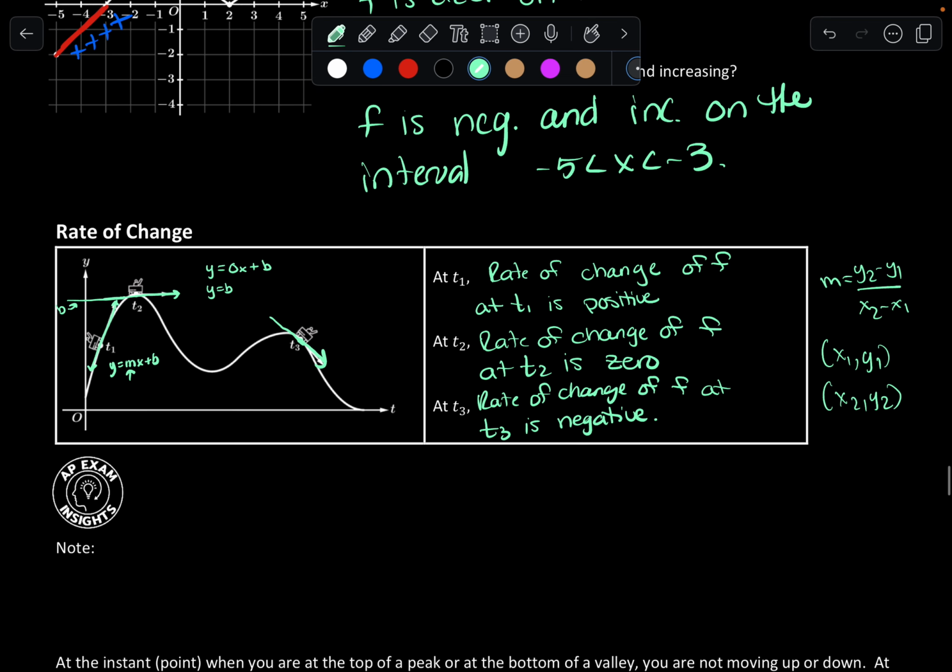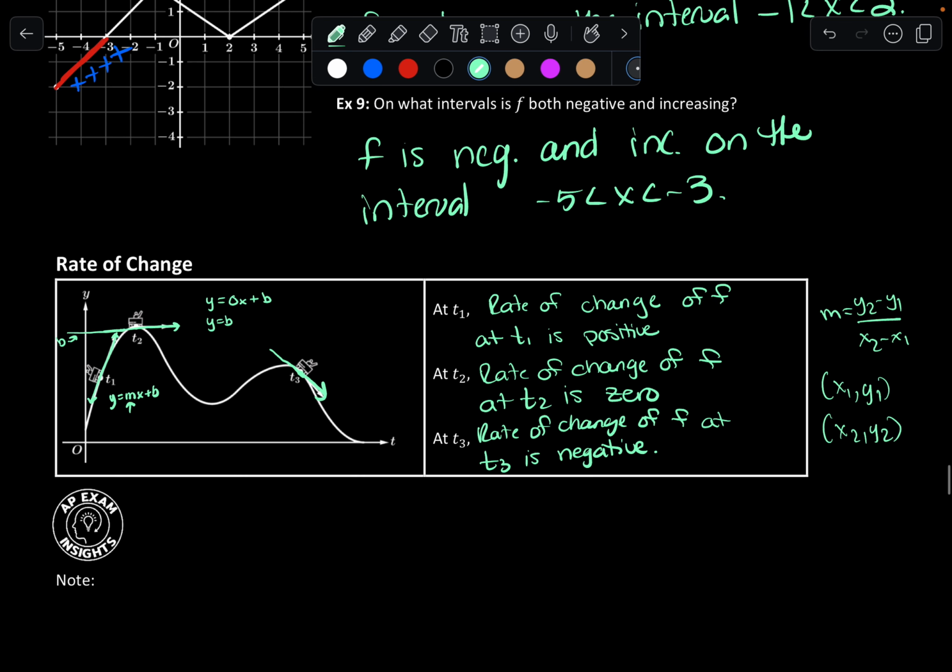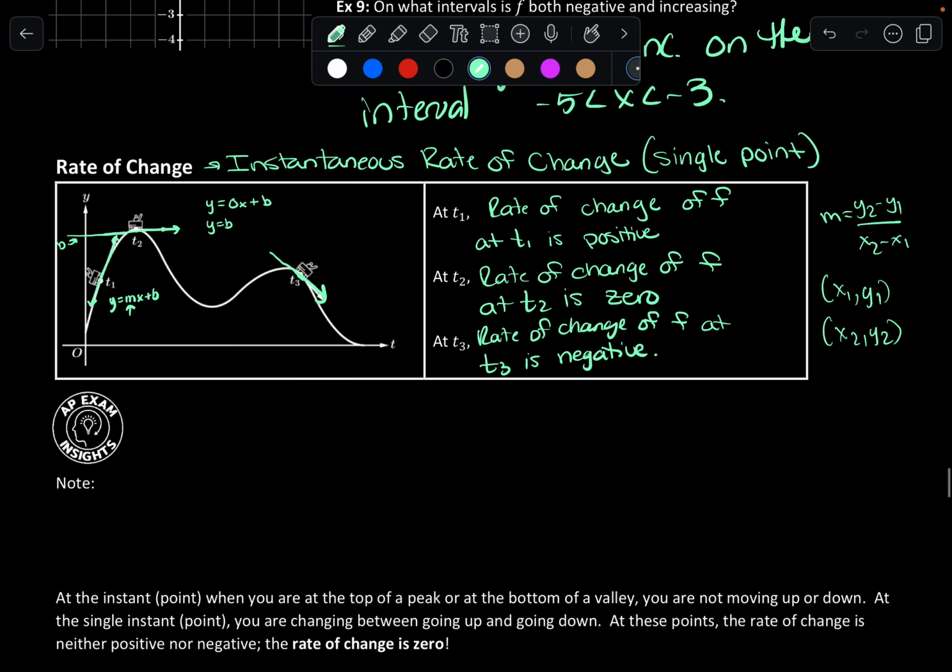So when we are observing the slope of the tangent line at these points, that is known as the instantaneous rate of change. And this is the rate of change at a single point, as opposed to the average rate of change, which is 2 points.